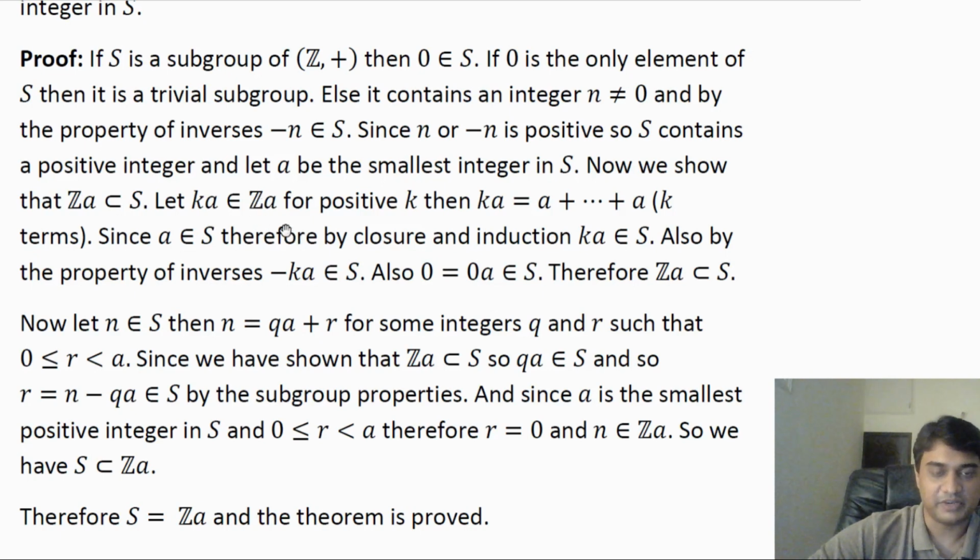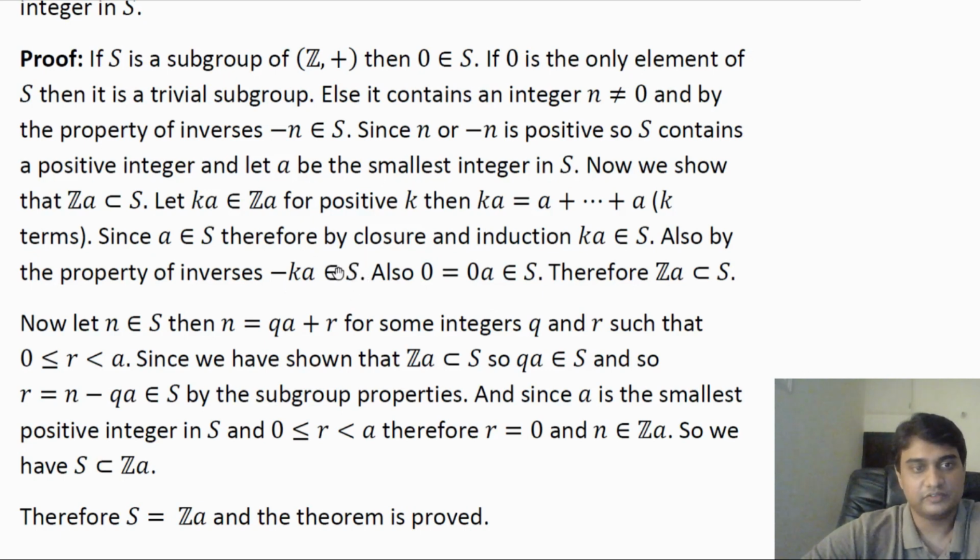By considering elements of the form KA where K is positive, and then elements of the form minus KA, it includes all the non-zero integer multiples in ZA. So ZA is in S.